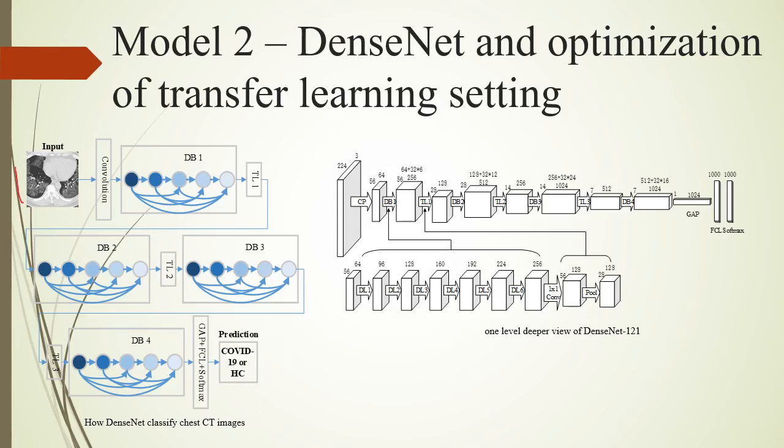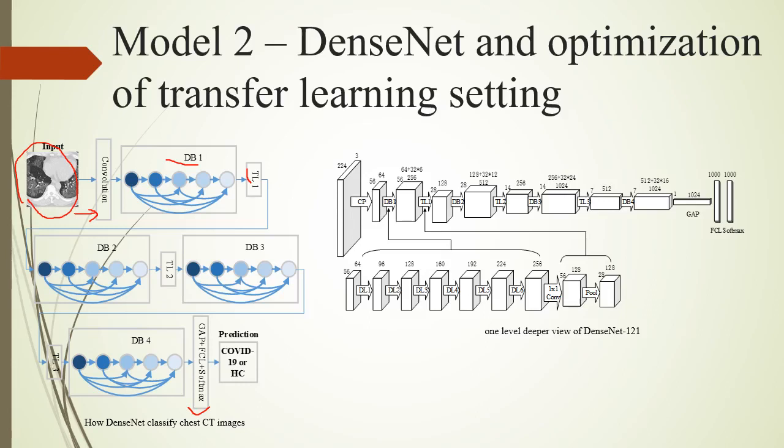The input is a chest CT image, and it goes through a convolutional layer, then DenseNet blocks and transition layers: DB1, TL1, DB2, TL2, DB3, TL3, and DB4. Then we go through a GAP plus FCL plus softmax, and the prediction will output whether the input is a COVID-19 or a healthy control image.